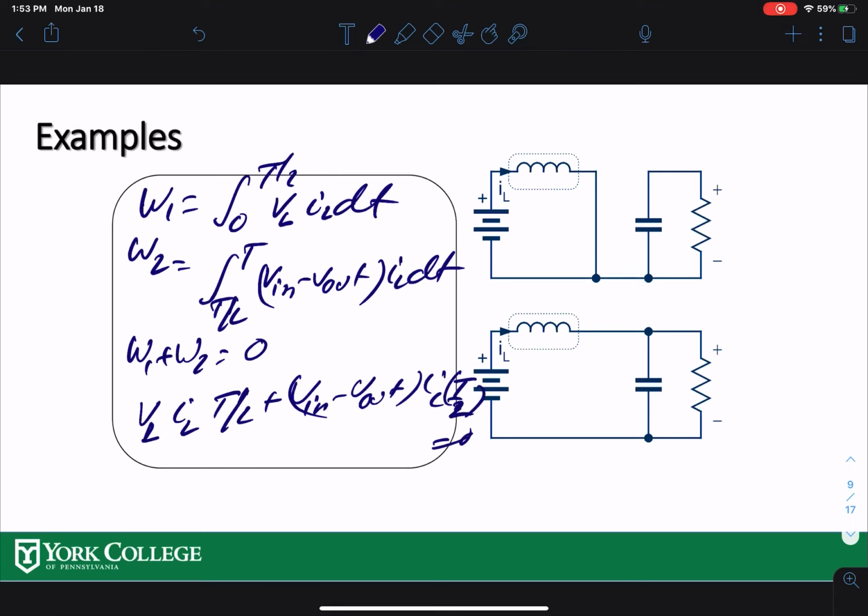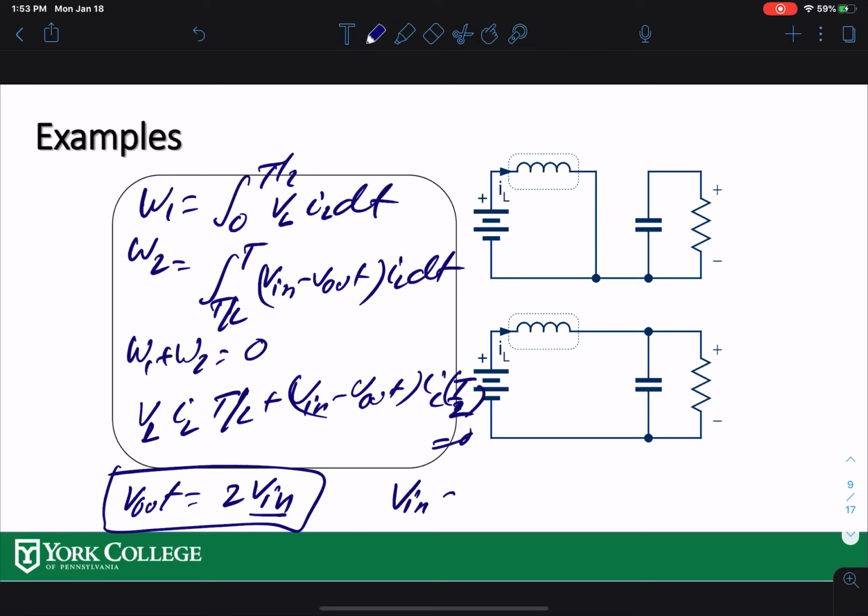Finishing the algebra, your V out comes to 2 times V in. So in this simple circuit, your output voltage is twice the input voltage. If your V in is 12 volts, your V out would be 24 volts. That's the circuit over here.